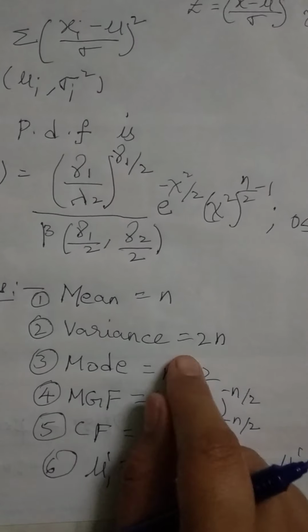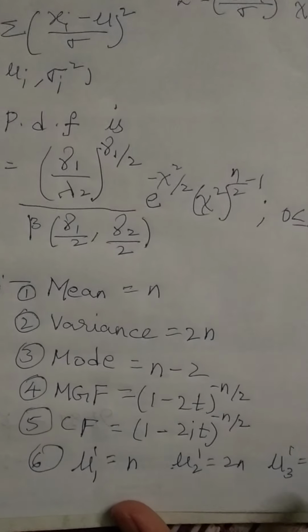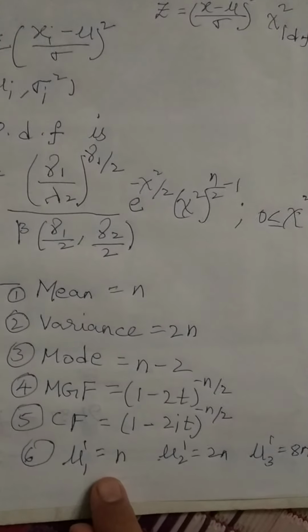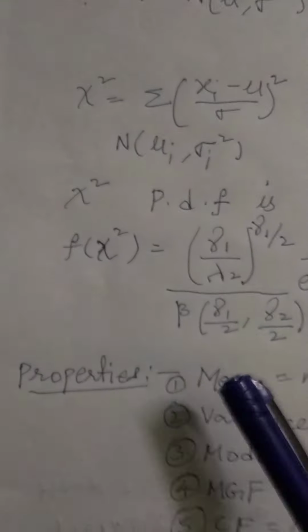Mean is n, variance is 2n, mode is n minus 2, MGF is as above; just take the screenshot, students, if you want. I am still at the sixth point. Now I will write the seventh one.